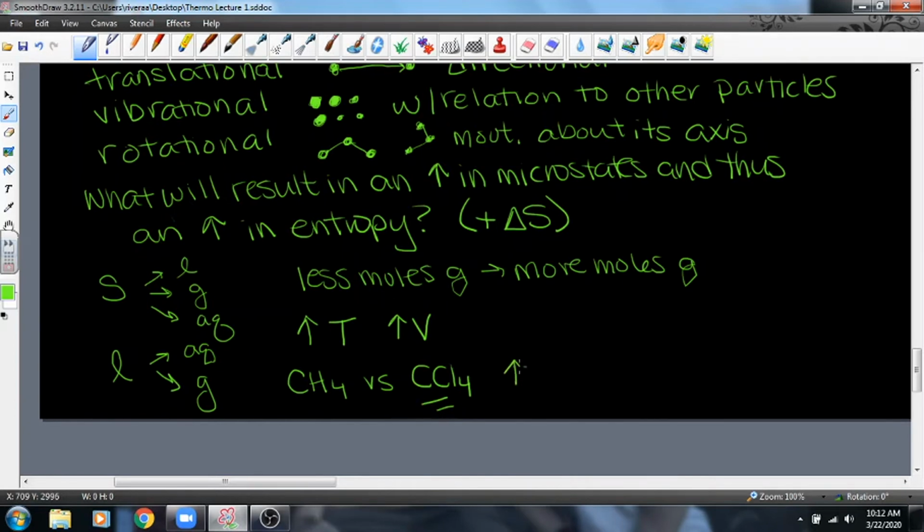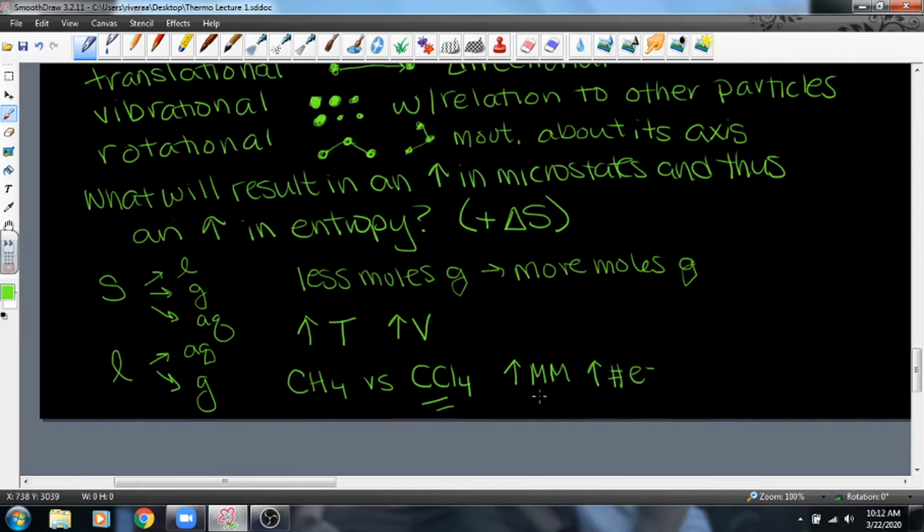When you have an increase in molar mass, you've got an increase in the number of electrons and thus an increase in the possible positions of all of those electrons. Bonds are areas of probability where electrons can exist, so if you've got an increase in that number, you've got an increase in the number of possible places for those electrons to be.